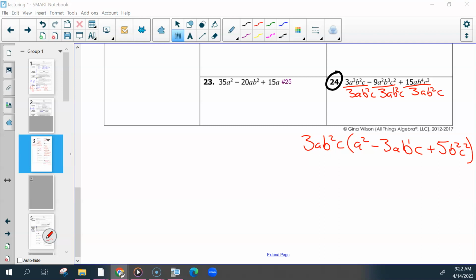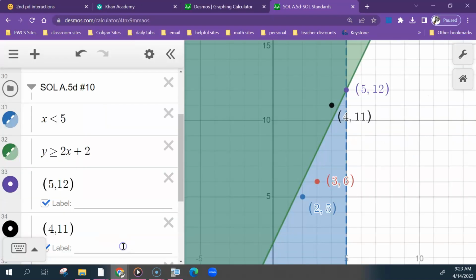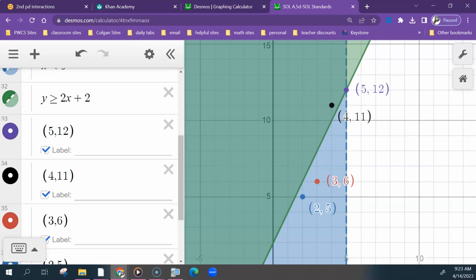All right. Are there any that we skipped over that we want to do before we switch gears? Before we switch gears, I do want to say one thing. So as you're practicing in Desmos, this would be really helpful for you.